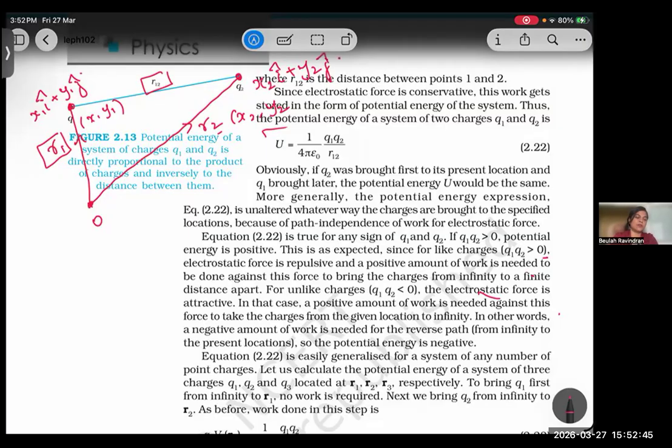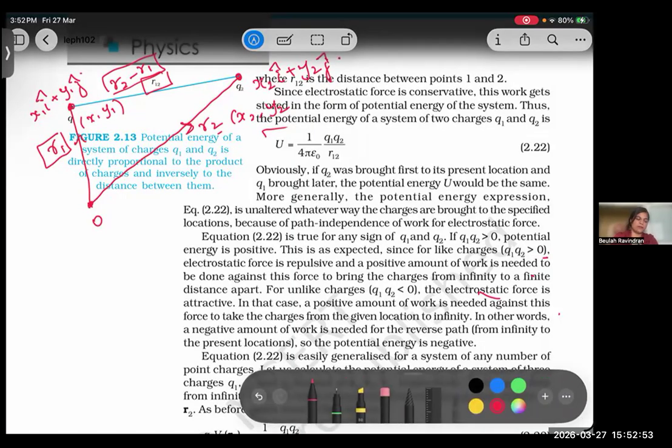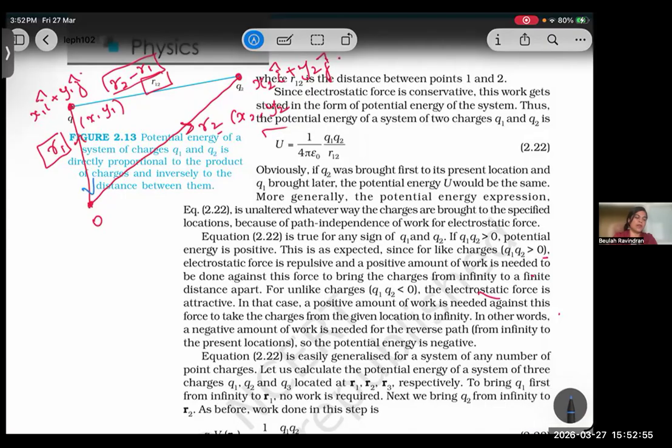The resultant will be R2 minus R1. So you should reverse the R1 vector, and the resultant direction will be like this. Clear? All this we have seen already. It is R12 for a two particle system.